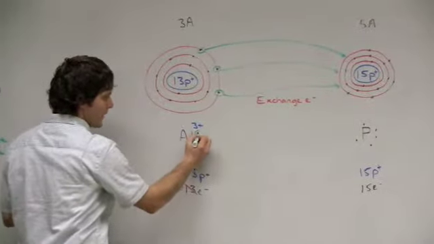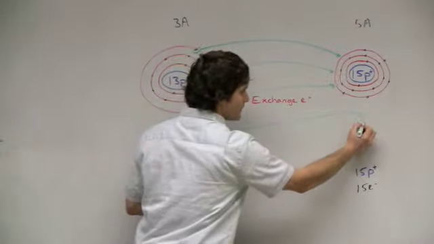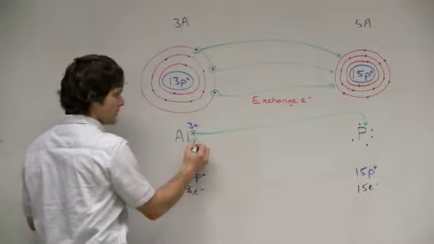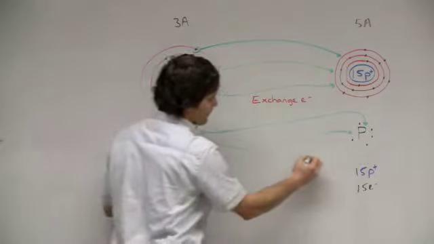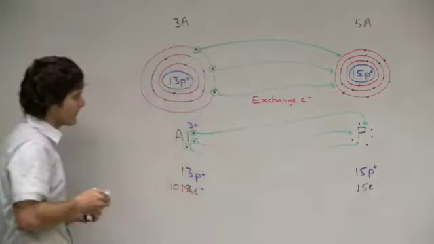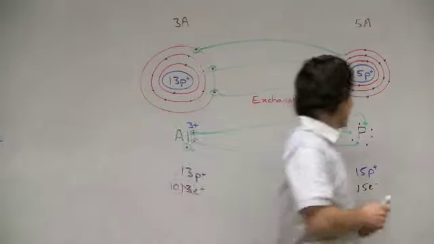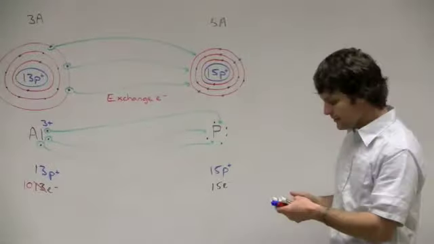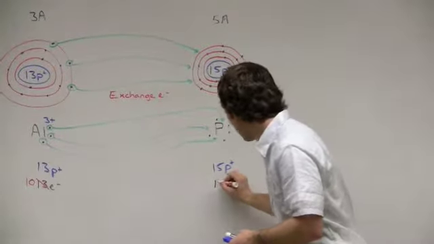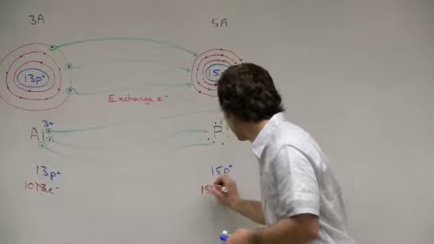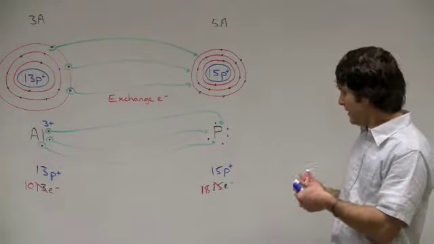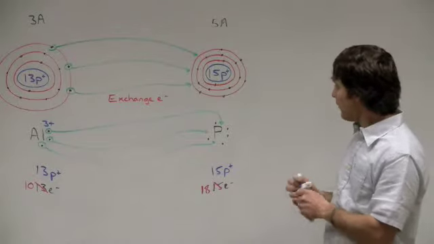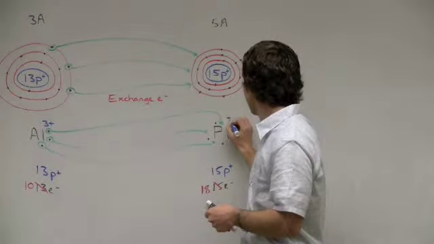And for the Lewis dot structure, we show the exchange of electrons similarly. For phosphorus, because it gained 3 electrons, we will cross this out and put an 18 here. We have 15 positive protons, but now we have 18 negative electrons. And so now phosphorus turns into a 3-.